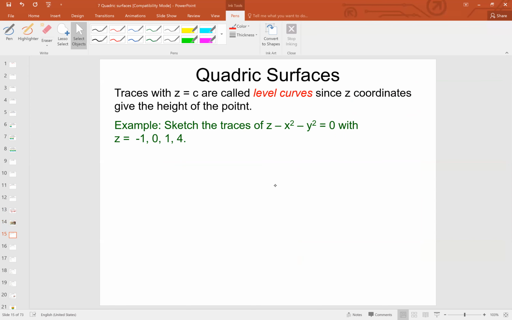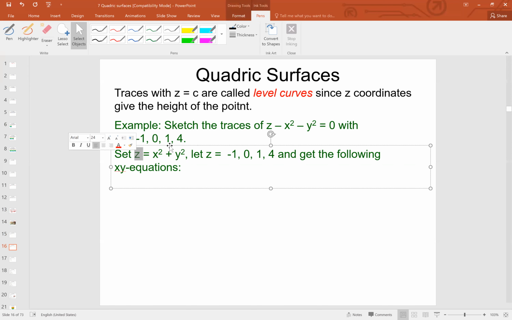For example, if I have an equation like that, with no z squared, only a z, then I can put it into function form: z equal to x squared plus y squared. Then I'm going to set z to be a constant. That is, I'm going to find the level curve. This one will not have any level curve if z is negative, so I only get solutions when z is positive.